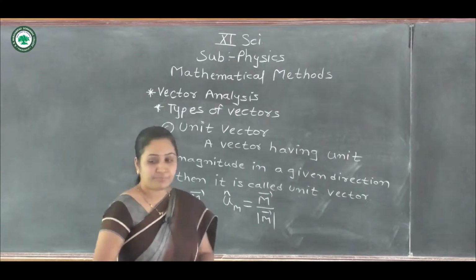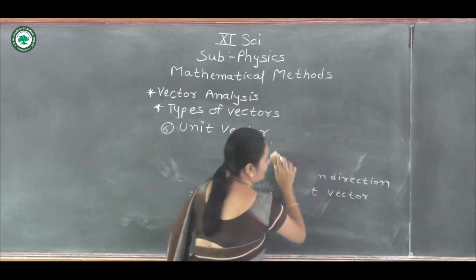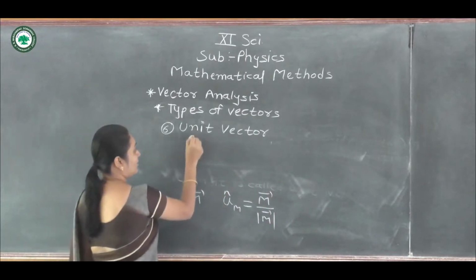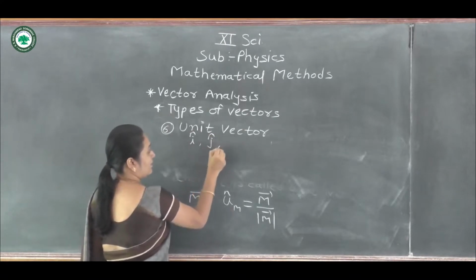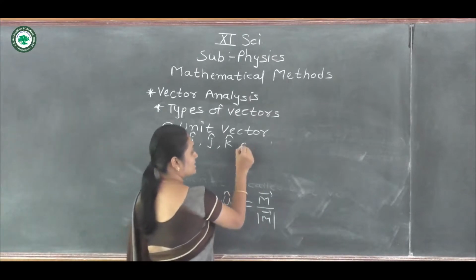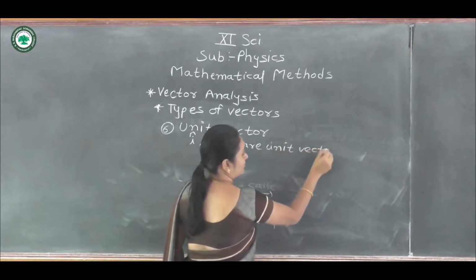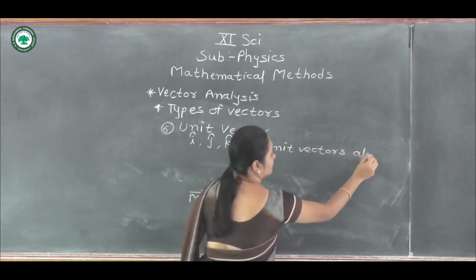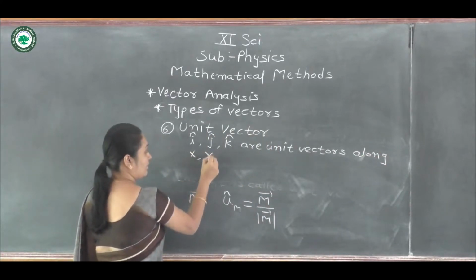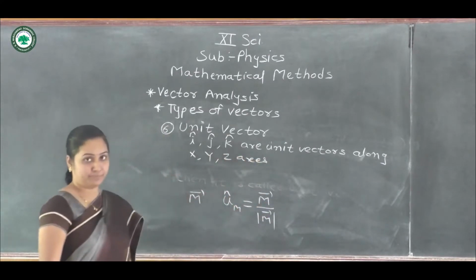Now suppose we have i, j, k, which are unit vectors along the x, y, z axis respectively.